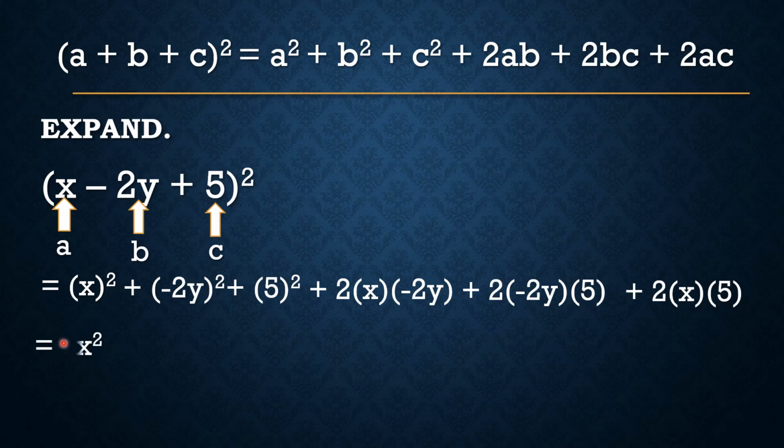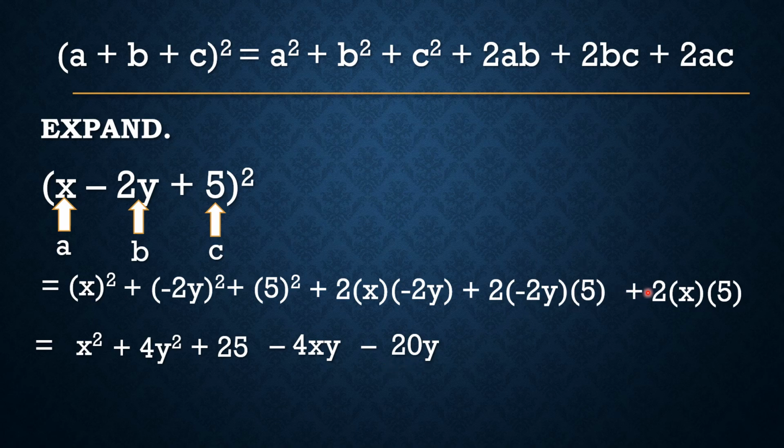Let's simplify. Okay, remember that when we square a negative expression, that will result to a positive expression. So, x squared plus 4y squared, okay, then 5 times 5 is 25. 2 times x times negative 2y, that gives us negative 4xy. Then 2 times negative 2y times 5, and that is negative 20y.